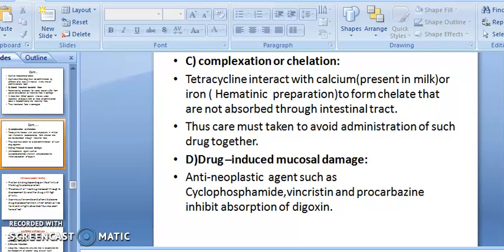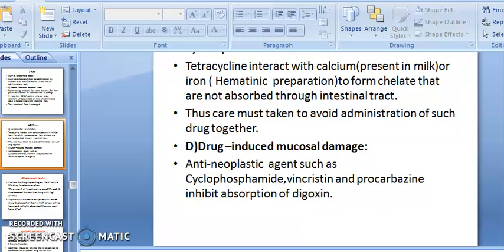When you take a tetracycline tablet along with milk or an iron preparation, it forms a complex that is not absorbed by your GI tract. Thus care must be taken to avoid administering such drugs together. Instruct the patient not to take tetracycline along with milk, and do not prescribe tetracycline along with an iron preparation.